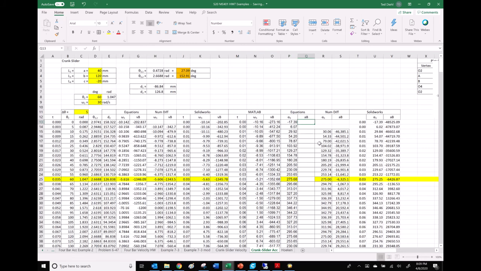And now this acceleration right here is going to be equal to negative A F4 times omega 2 squared.